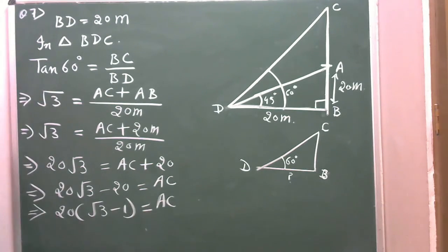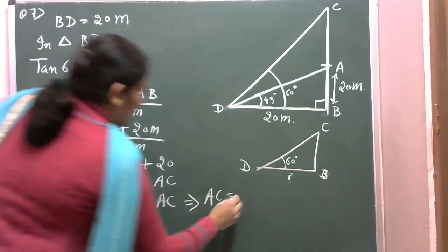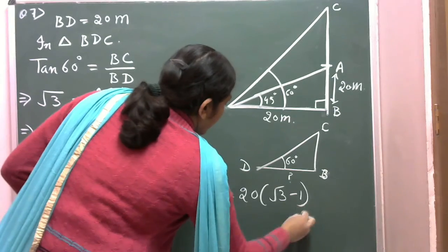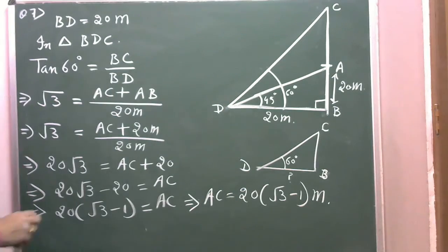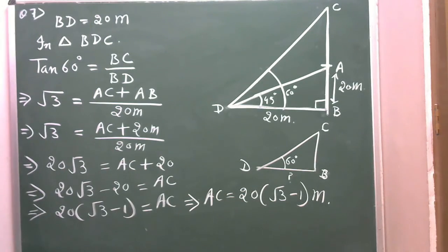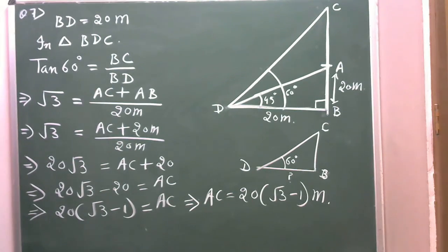Now what will be the units? It will be in meters. So AC is equal to 20 in the bracket under root 3 minus 1 meter, because all these values are in meter. You can leave the answer here because we are not given the value of under root 3. Sometimes in the question we are given the value, use under root 3 is equal to this. In that case we have to put the value of under root 3 and find out the complete solution.